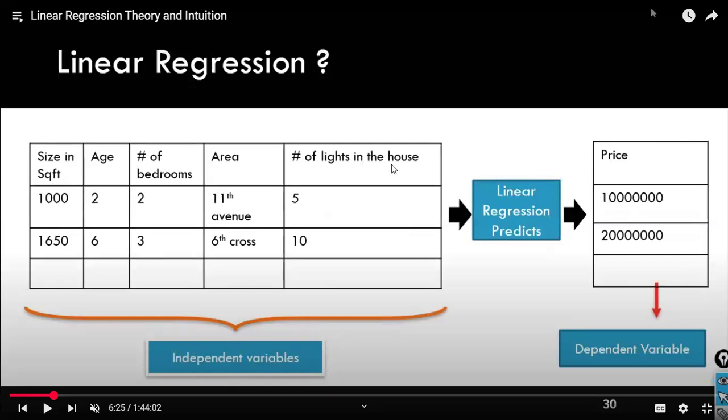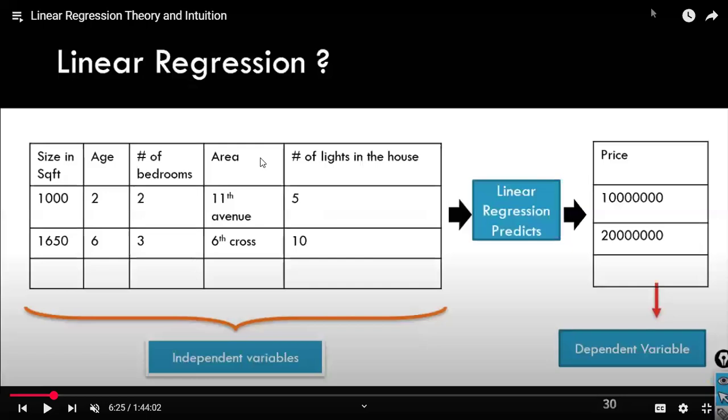Based on the input features, we are going to predict the housing price. But the historical data contains both the input and output feature values. If you see the price, it is given here for this set of specifications. For this combination of input features, this is the price. For this combination of inputs, this is the price.